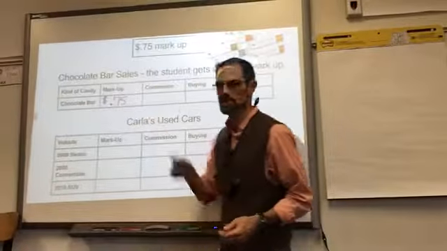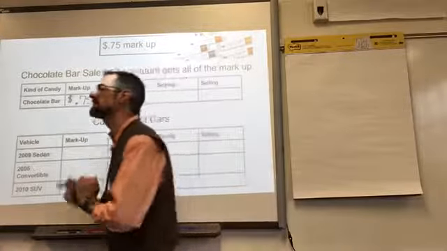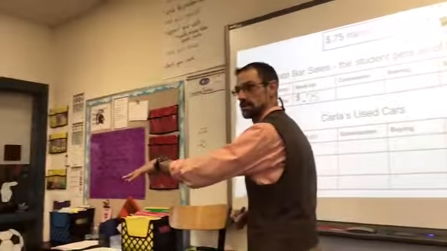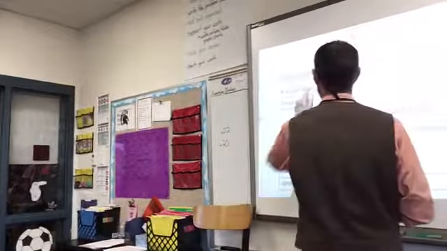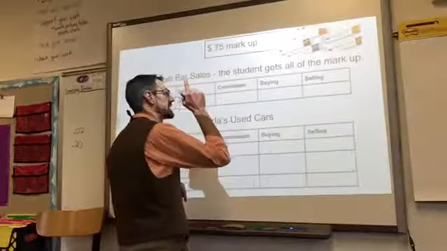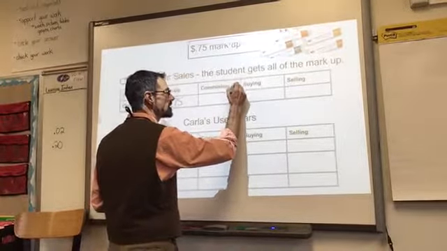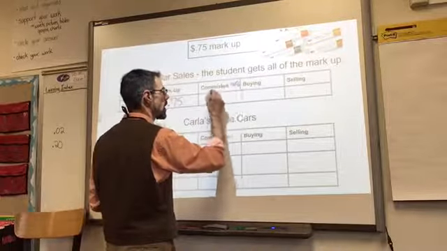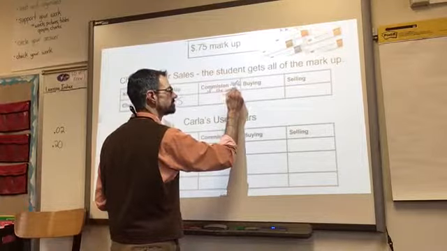he gets a commission. And he gets 100% of it. He doesn't have to give any of it back to the company. The company actually says, hey, if you buy these chocolates, whatever you sell them for, you get to keep all of it. Which means he gets 100%, and I want you to write this down, 100% of the markup.